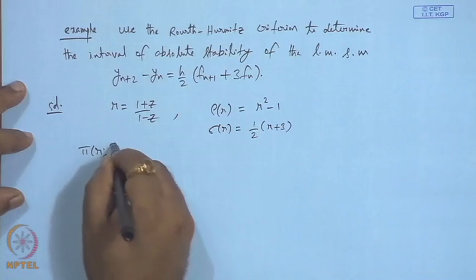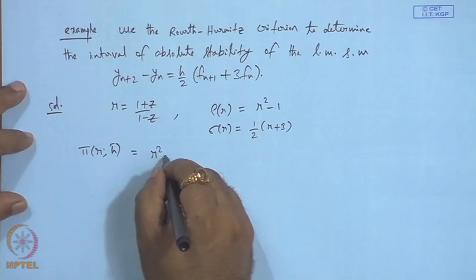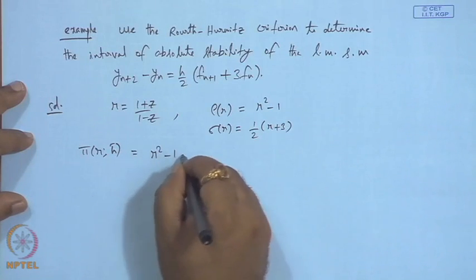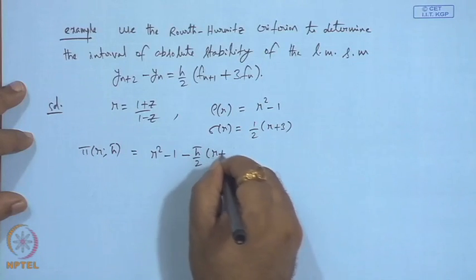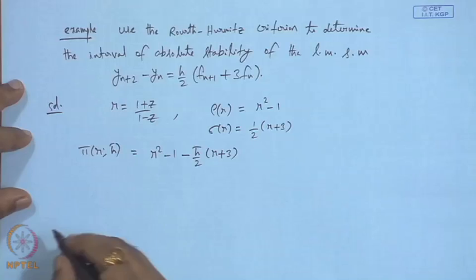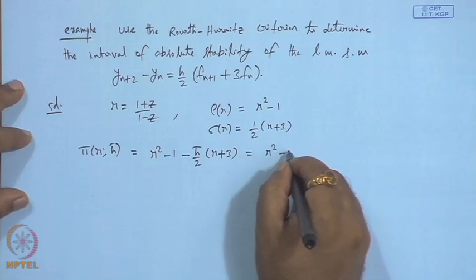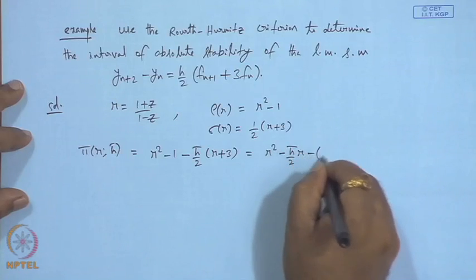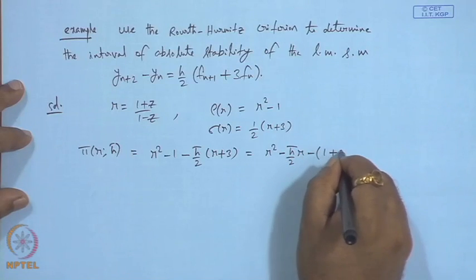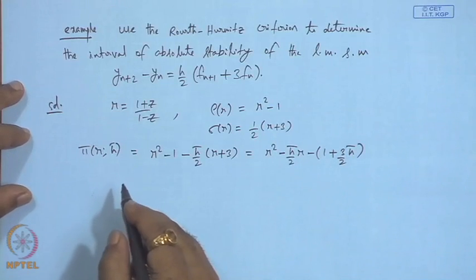Accordingly, we have r square minus 1 minus h bar, so this will be the stability polynomial.